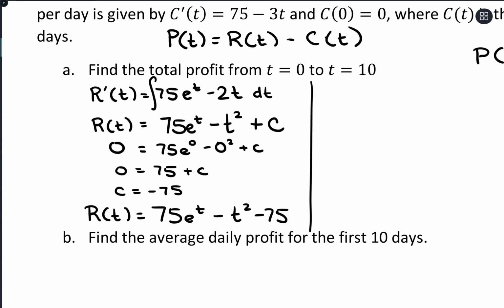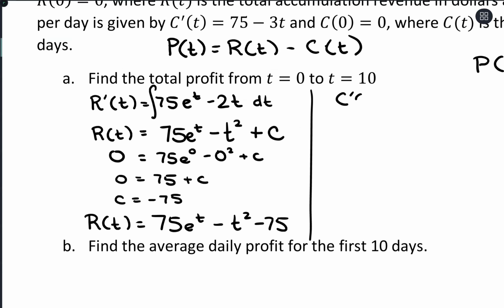And now we'll do the same thing with the cost function. So c prime of t is 75 minus 3t. And we want to find c of t. So to do that, we need to take the antiderivative. So antiderivative of 75 is going to be 75t. Antiderivative of negative 3t is going to be a negative 3t squared over 2.